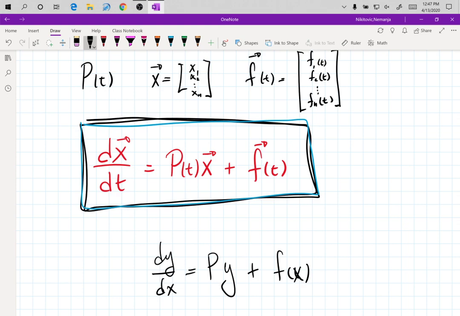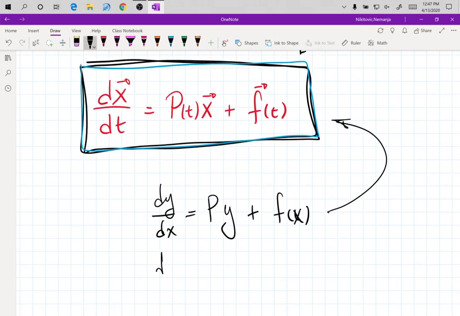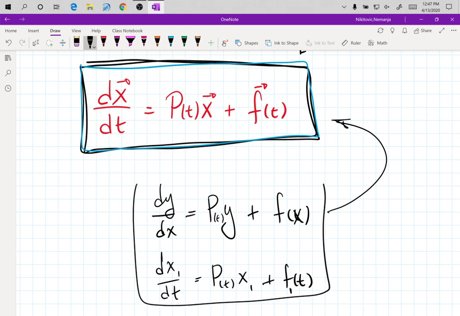You're going to find that equation in there. If you only have x1, then it will look like this: dx1 over dt will be p of t, which is a function, times x1 plus f of t. If you only had index 1.